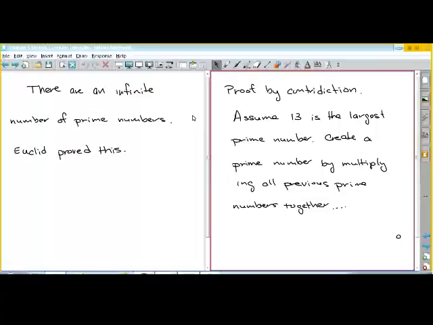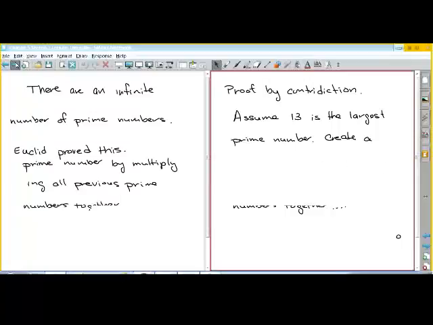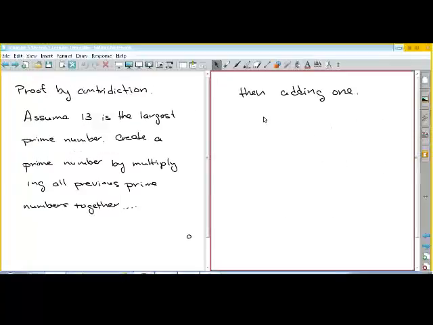Let's just assume that we've only figured out that 13 is the largest prime number. So how would we prove that there's a larger prime number than 13? What we do is you create a prime number by multiplying all previous prime numbers together, and then you add 1.